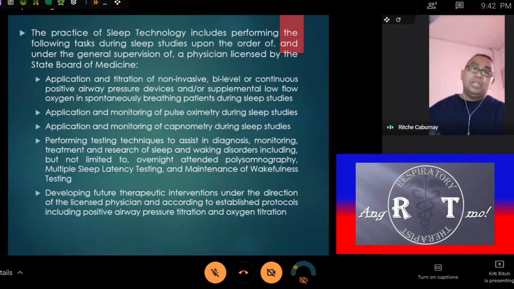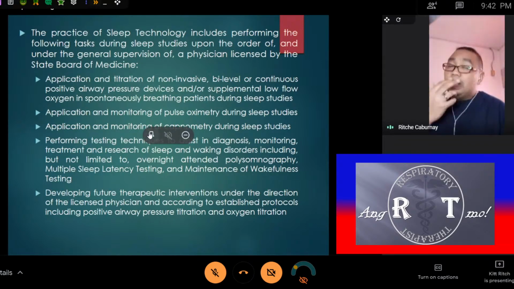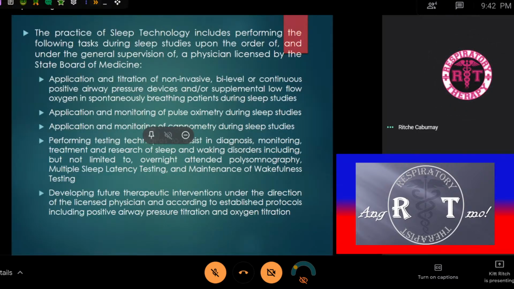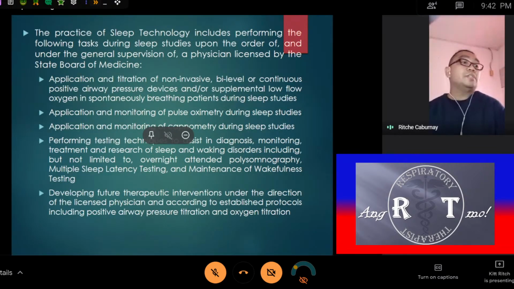For example, if the patient is a COPD patient with a low oxygen requirement, then you need to put a nasal cannula on while the patient is sleeping and observe for desaturations, or if they have apneas and hypopneas or breathing rhythm events.